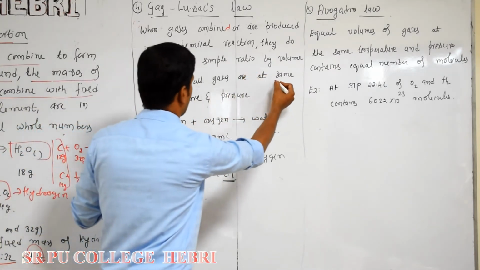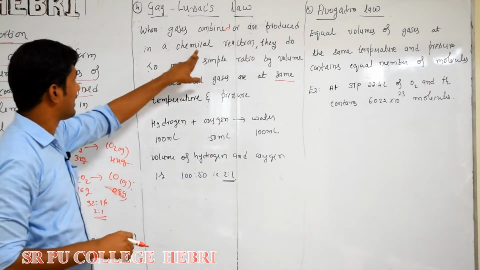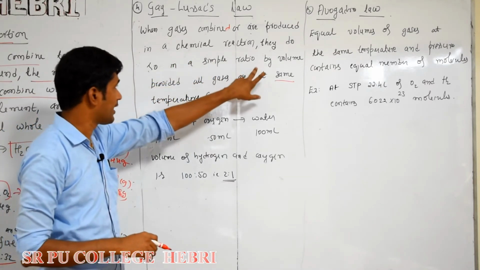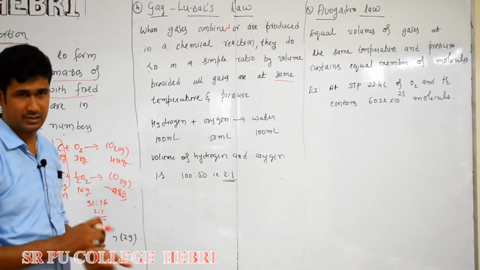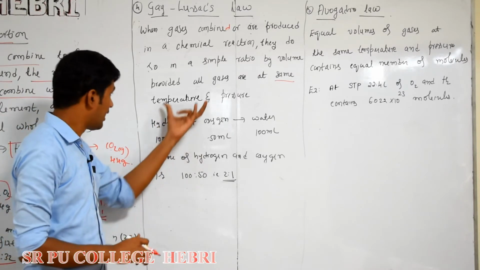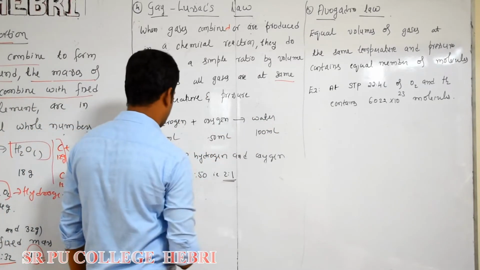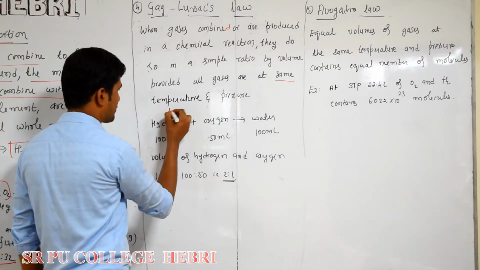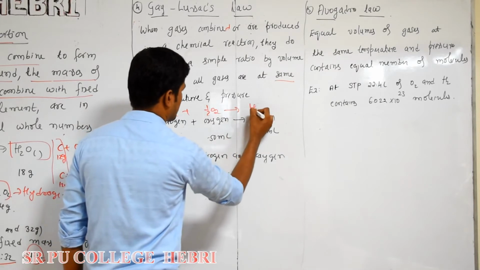You can start from here also. At the same temperature and pressure, there exists a simple ratio between the volumes of gaseous reactant and product. You can write like this also. Okay, so now I'll give you the example. Hydrogen plus oxygen gives you water. You know this reaction, H2 plus half O2 gives you H2O.